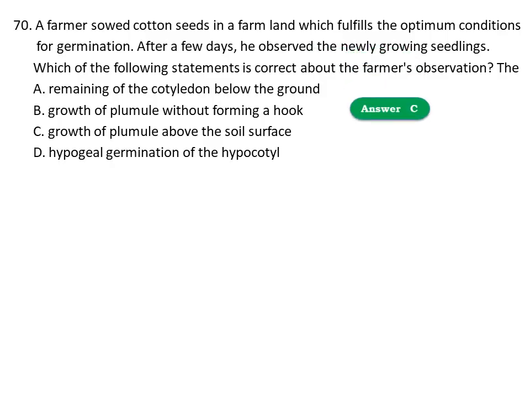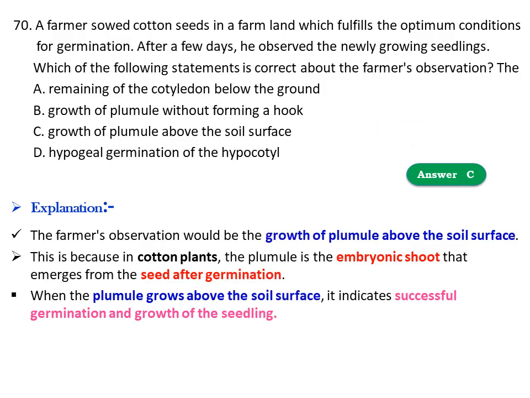The answer will be C. The farmer's observation would be the growth of plumule above the soil surface. This is because the cotton plant's plumule is the embryonic shoot that emerges from the seed after germination. When the plumule grows above the soil surface, it indicates successful germination and the growth of the seedling.